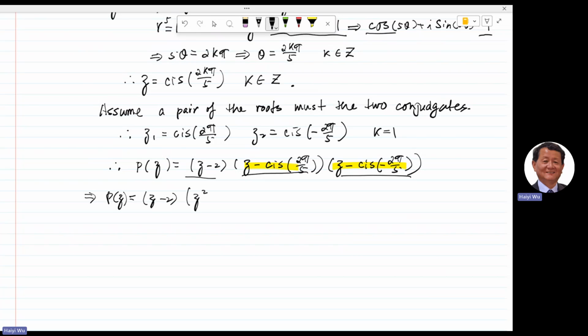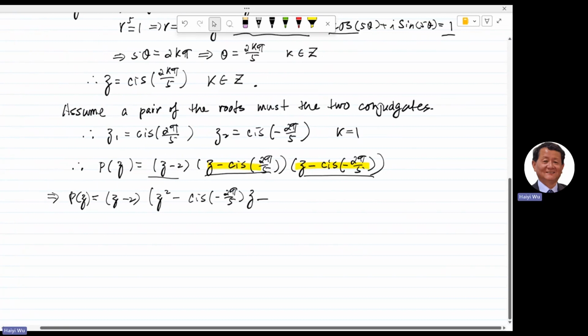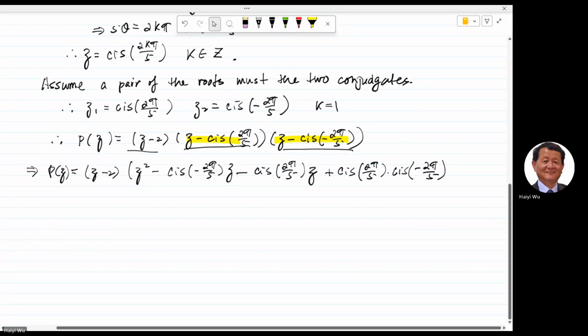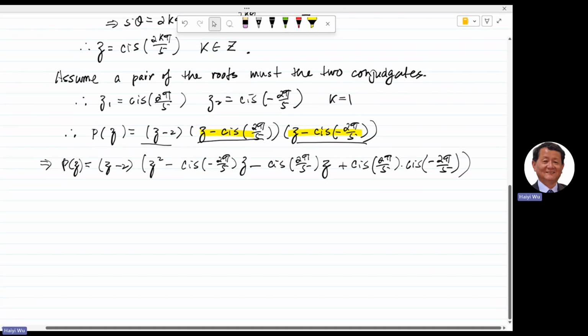So next one's Z squared, then minus cis negative 2 pi over 5 Z, then minus cis positive 2 pi over 5 Z, and plus cis 2 pi over 5 times cis negative 2 pi over 5. That's expanding the second and third brackets.